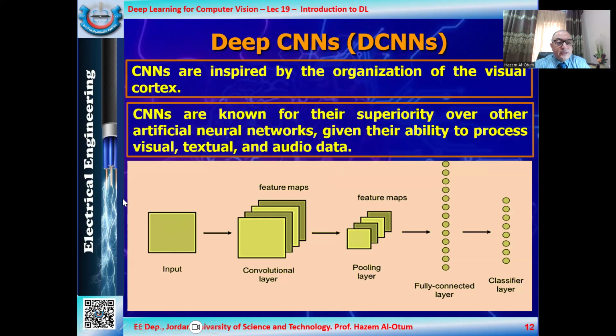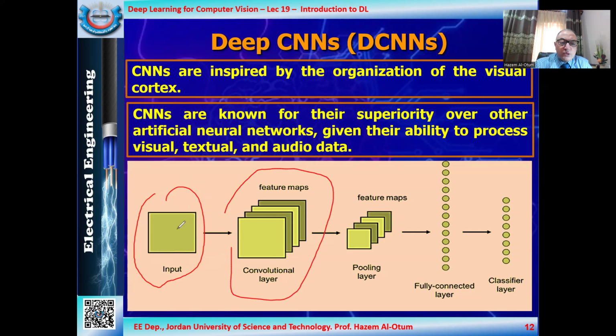In a CNN, as you see in this figure below, we have the input image. This image will be applied to the convolutional layer. Here we have a series of filters, maybe a large number of filters, that will be applied to the image, and the convolution operation will be done.